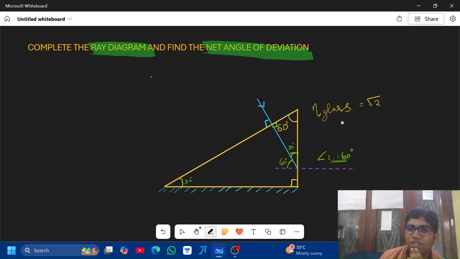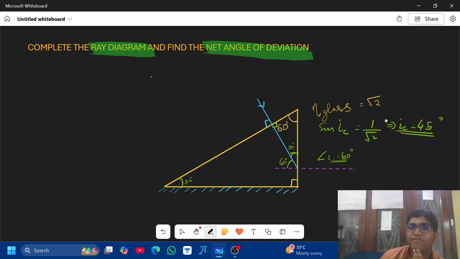For IC, that is critical angle, we apply Snell's law, that is n1 sin theta 1 equal to n2 sin theta 2. Here n2 will be surrounding medium air, and sin theta 2 for critical angle is sin 90, which is 1. We know refractive index of air is 1, so sin IC is 1 by √2, which implies IC is 45 degrees.